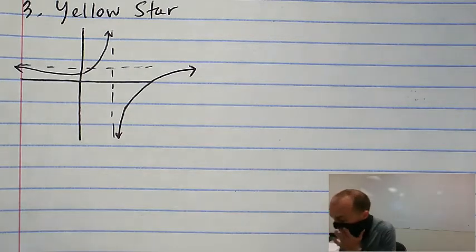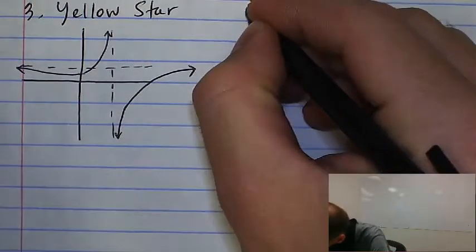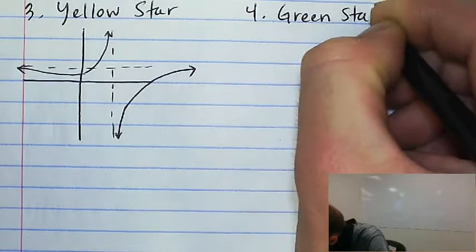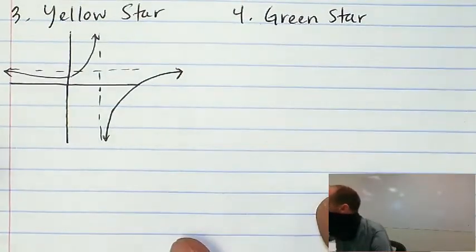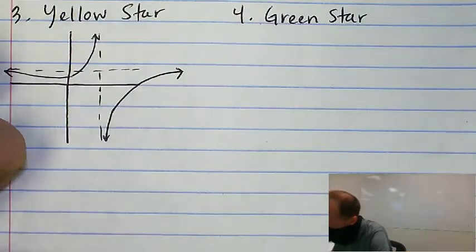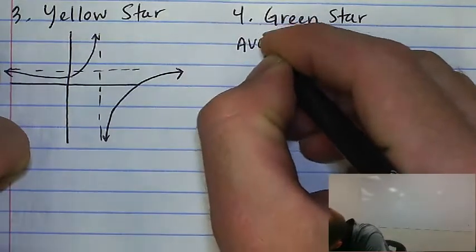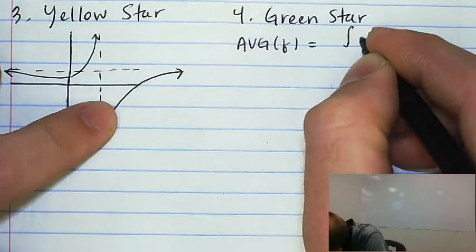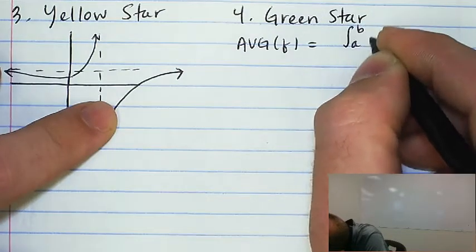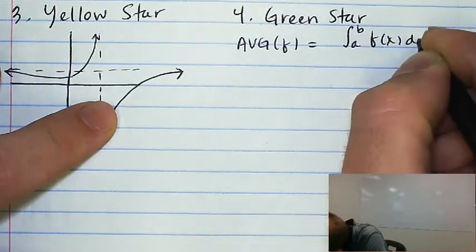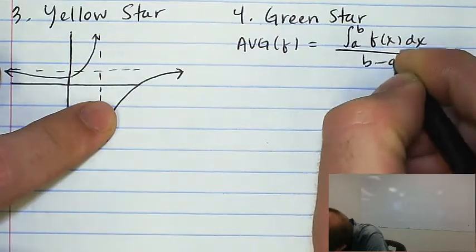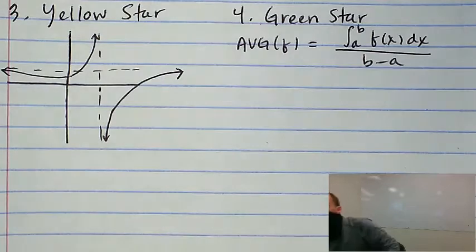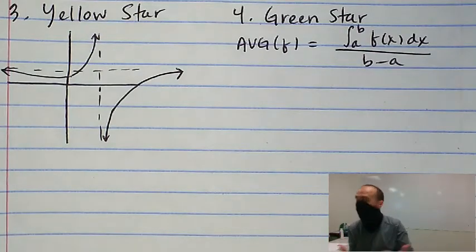Now, number 4 is green star. And, well, green star is a question about average value. So the average value of f is equal to, you add them all up, integral from a to b of f of x dx divided by b minus a. So if we want to find the average heart rate, we're going to have to take the heart rate, integrate it, and then divide.